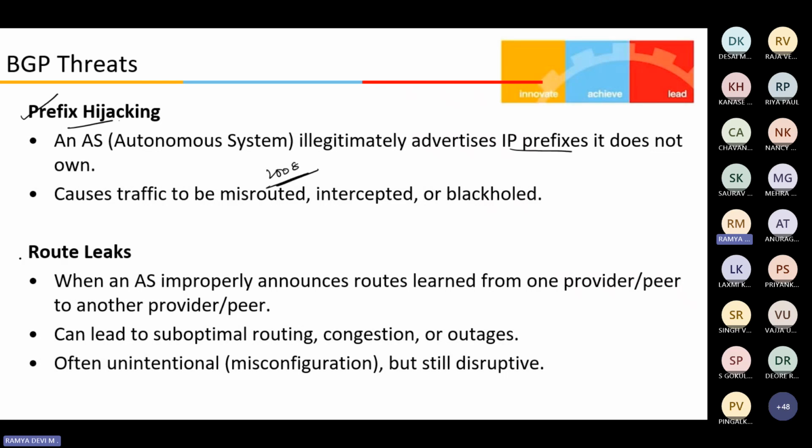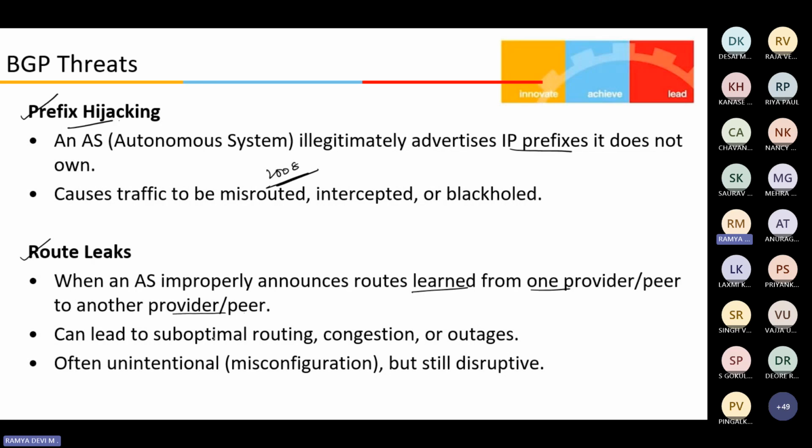The second problem is route leaks. It happens when an autonomous system improperly advertises routes that were learned from one provider or peer to another provider. Whatever I have learned from one provider, I leak to another provider.